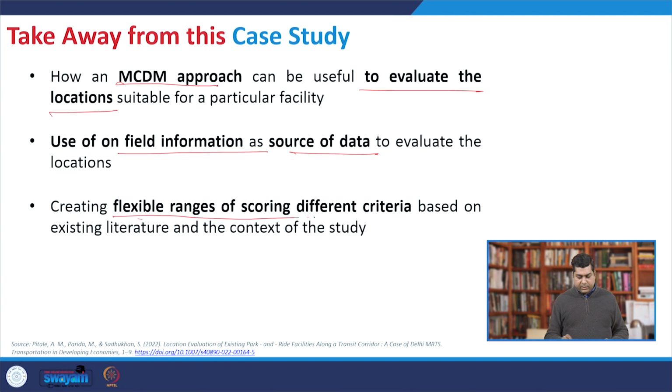Creating a flexible range of scoring different criteria based on existing literature and in the context of the study. So giving a score, definitely in this case whatever ranges we have defined are based on literature, based on actual time and distance, which is common for the Delhi context.